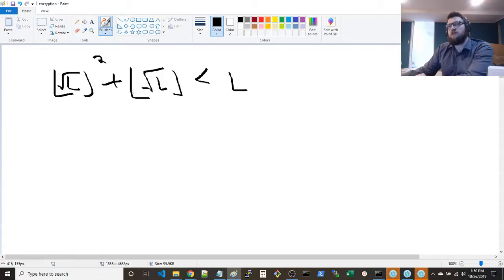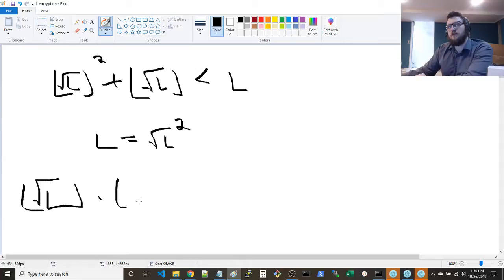Well, in order for that to be true, you could say L is equal to the square root of L squared, right? And we know that, so this is, right, square root of L times square root of L plus 1.